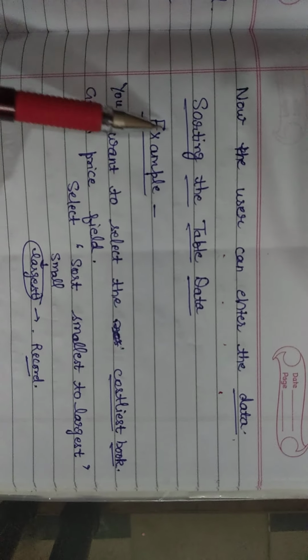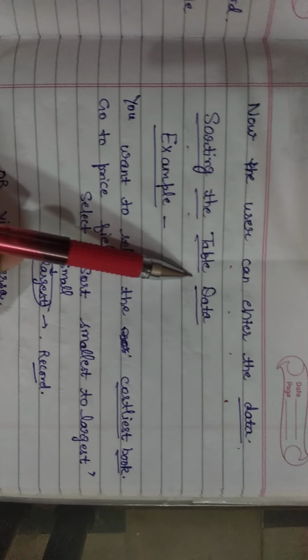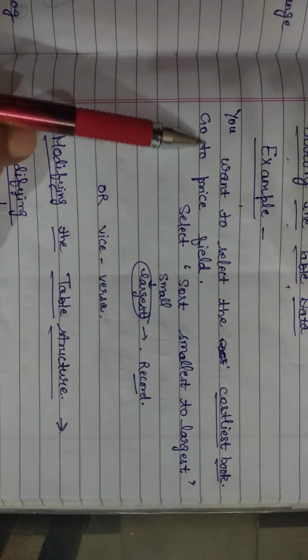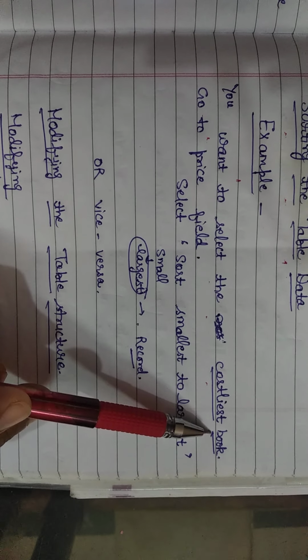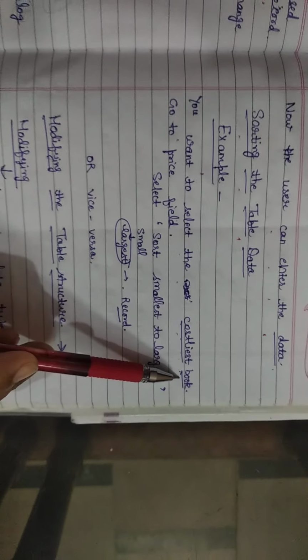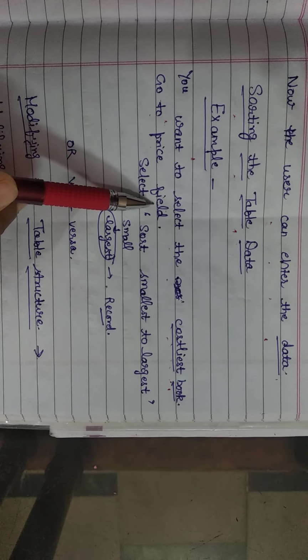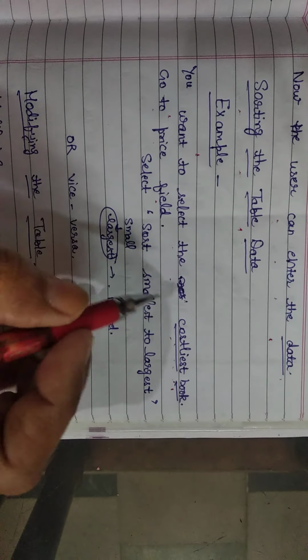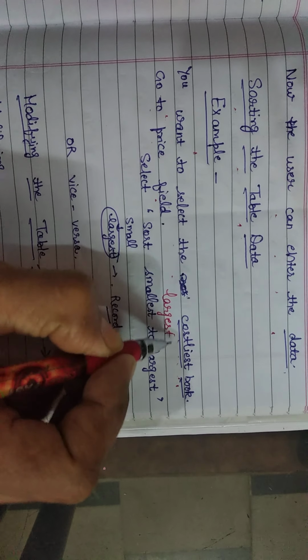Okay. Next is sorting the table data. For example, you want to find the costliest book. So what you will do is go to the price field, and there you will select Largest to Smallest.